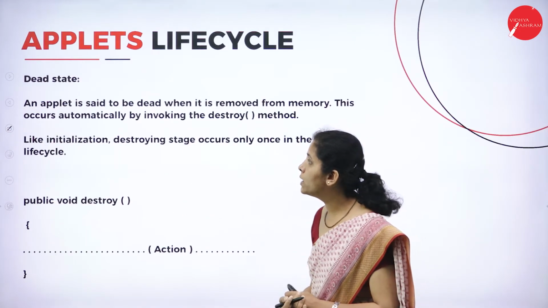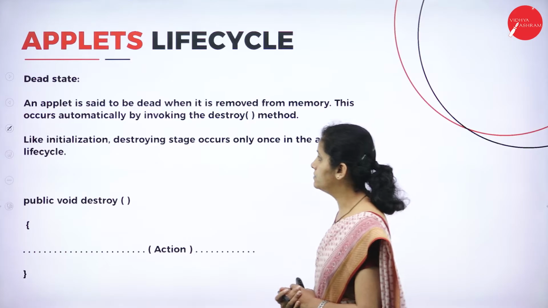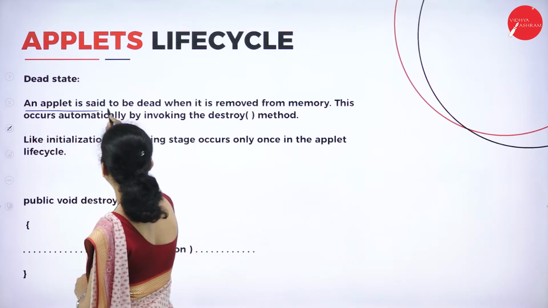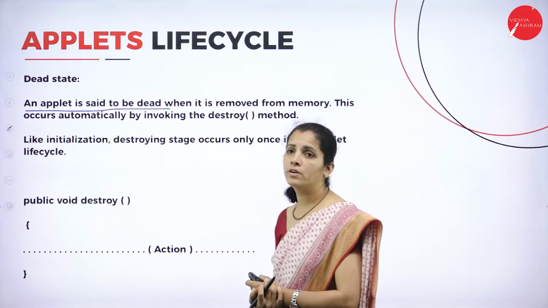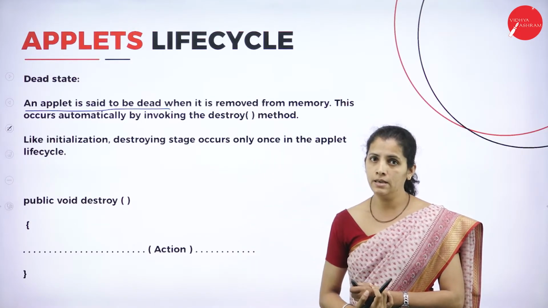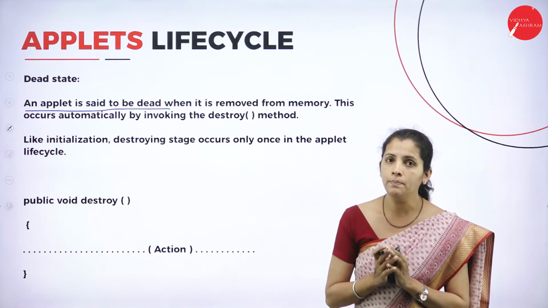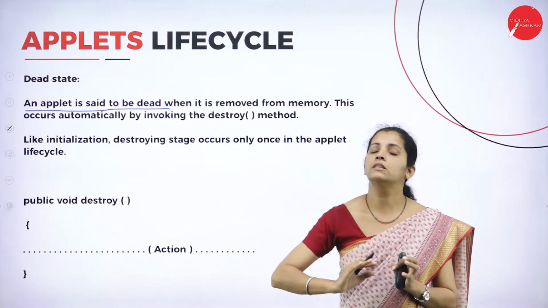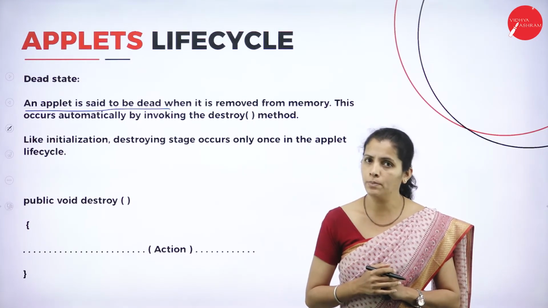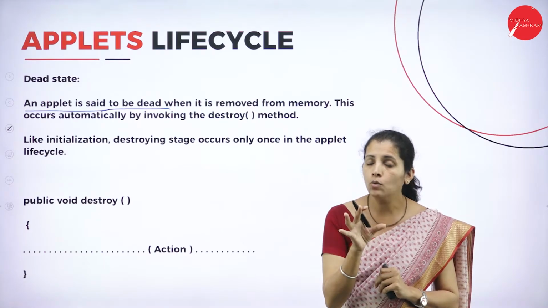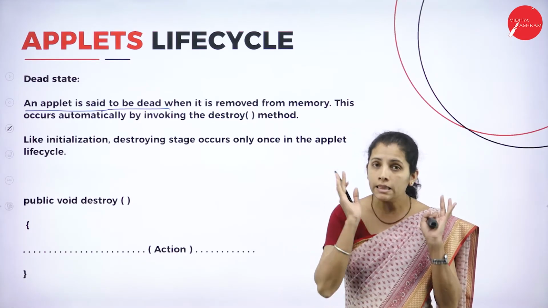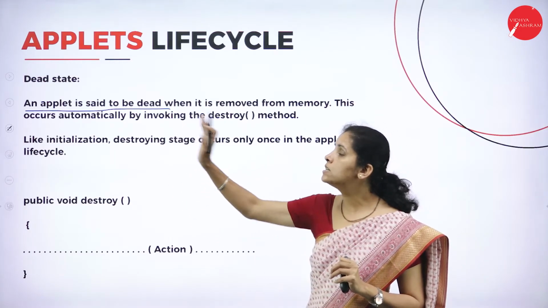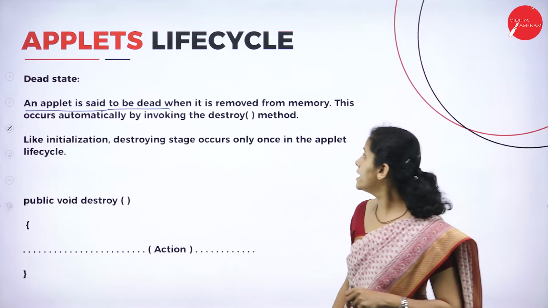Now I'm going to have the dead state. An applet is said to be dead when it is removed from the memory. For example, I'm going to write some applet program. After that, I'm going to run that applet program. After running, I'm going to remove that applet from the memory. In that situation, it is termed as dead state.